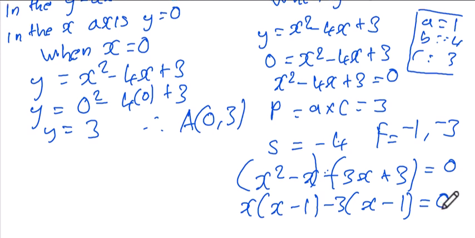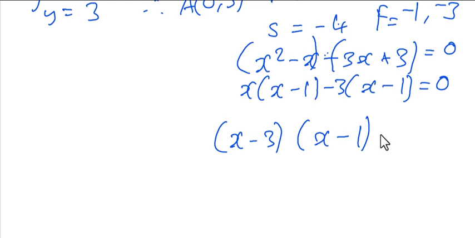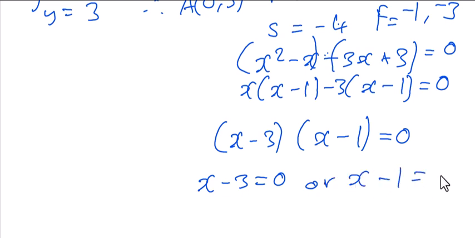Then we're going to have x minus 3 multiplied by x minus 1, which is equal to 0. So we're going to have x minus 3 equals 0, or x minus 1 equals 0. Working this out, x is equal to 3, or x is equal to 1.